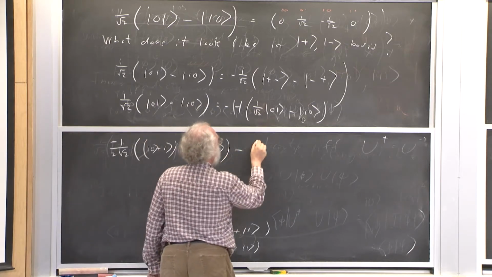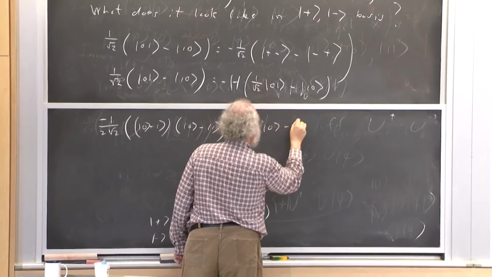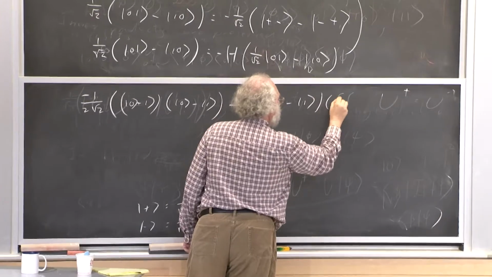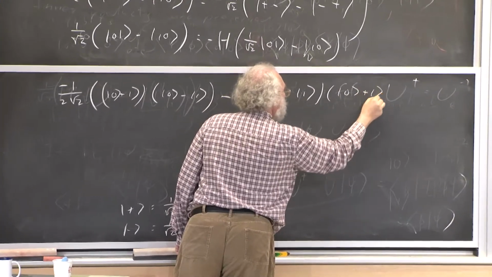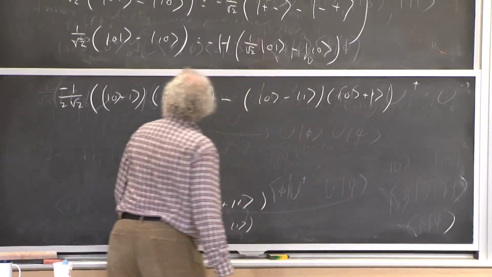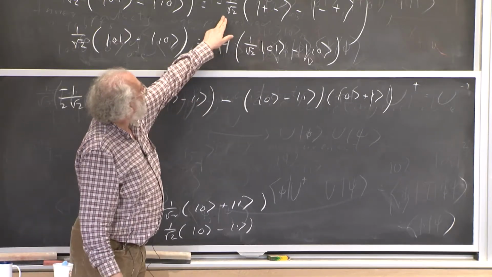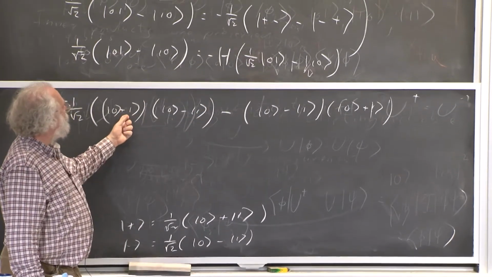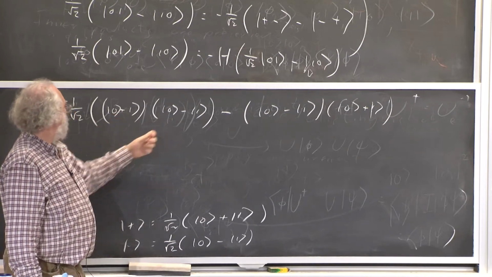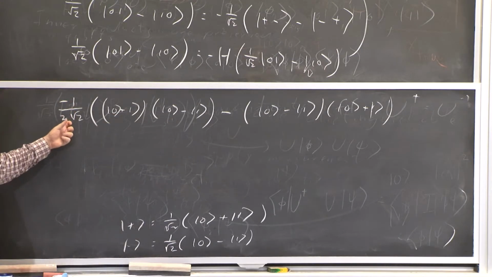So we have a 1 over root 2 from here, and two 1 over root 2's from this one and this one, so that's minus 1 over 2 root 2.